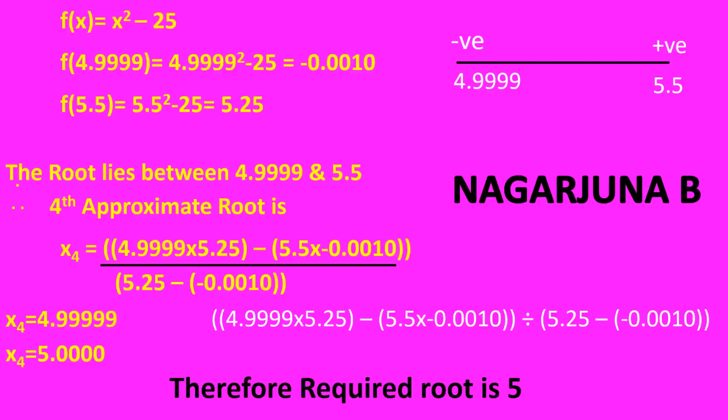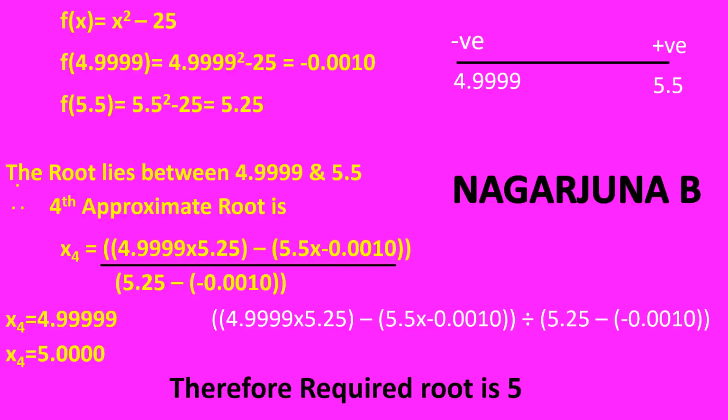You need to find it up to the point where the decimal digits we get are the same up to 3 or 4 digits, or else remember, when we substitute that value in f of x, it should always reach 0.